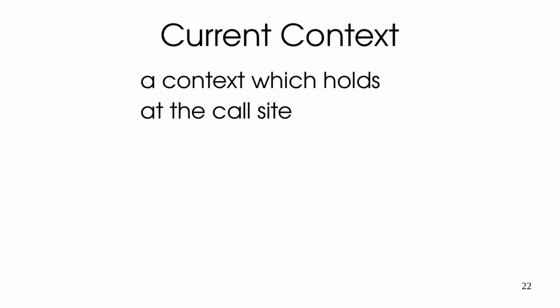Now we have introduced contexts, and the question is, of course, how exactly do they help us choose the right version of a function? For that, I want to introduce the notion of current contexts. A context is simply called current if it currently holds. So trivially, for example, the top context, the any context, is always current.